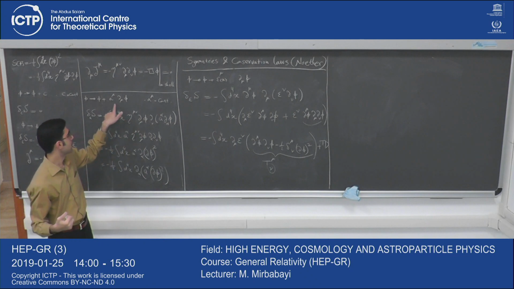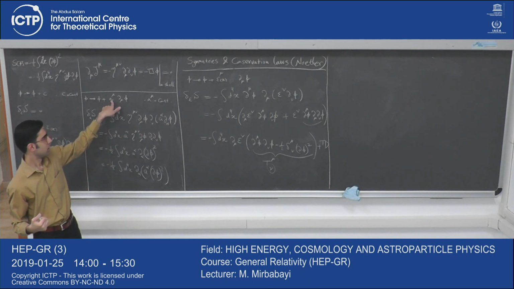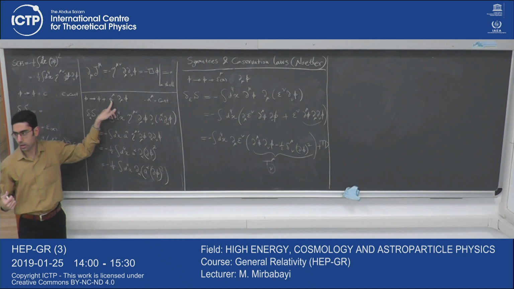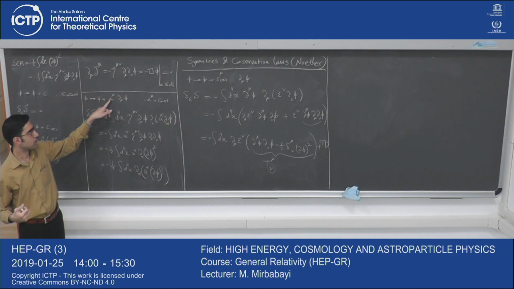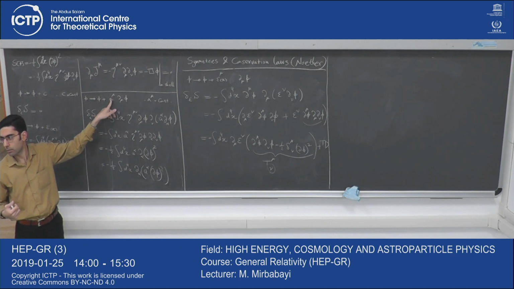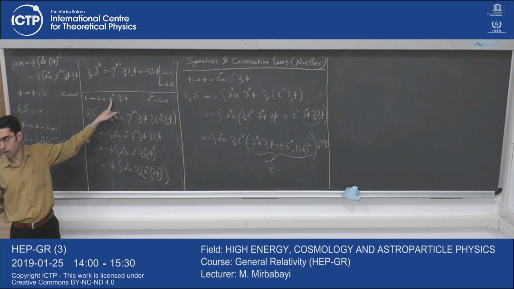So we have 4 space-time translations, which correspond to the 4 components of this A mu. For any of them, there is a conserved quantity.